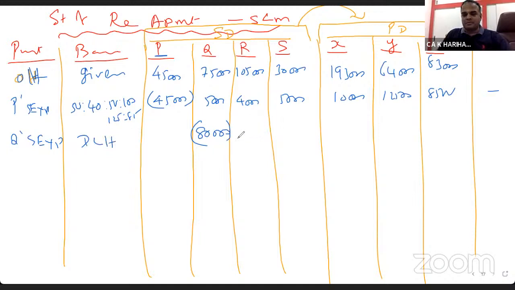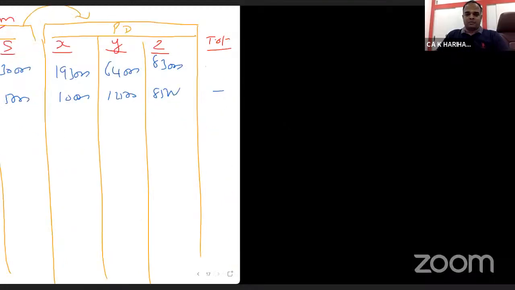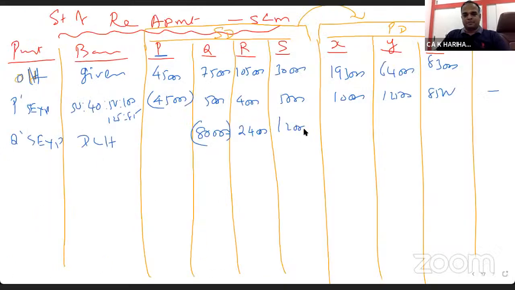The 80,000 you have to apportion in the ratio of what? 24,000, 12,000, then 16,000, 12,000 and 16,000. Total should be nil.